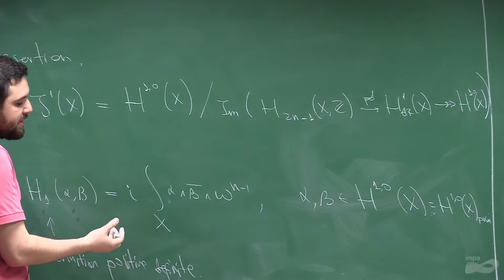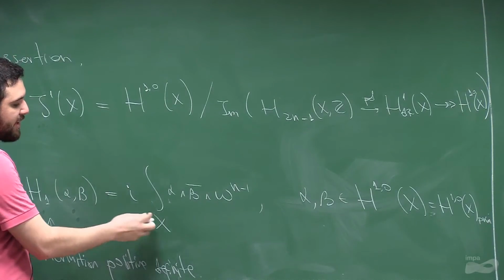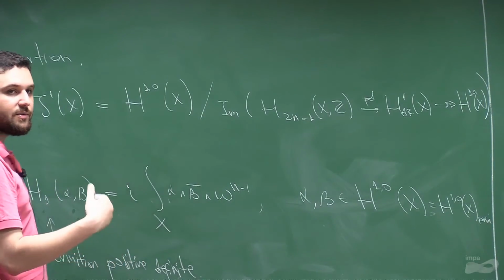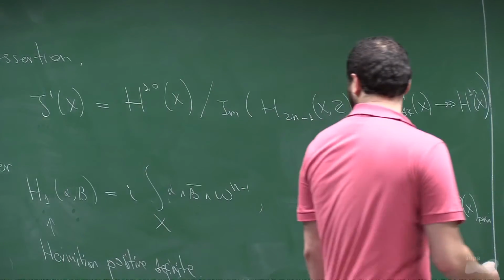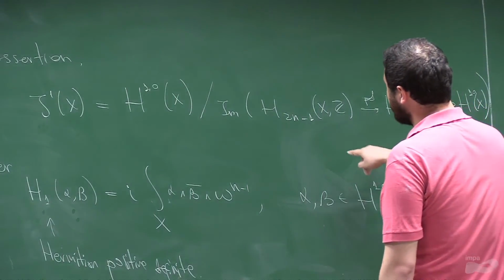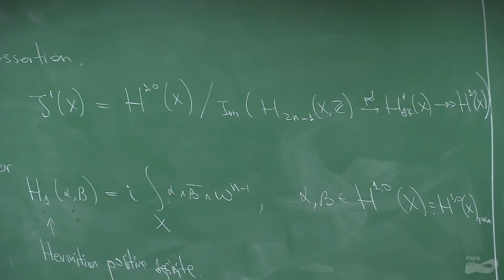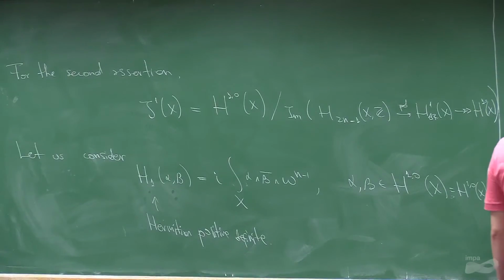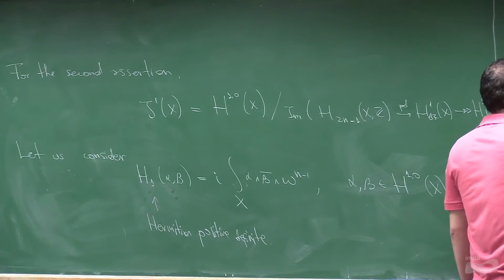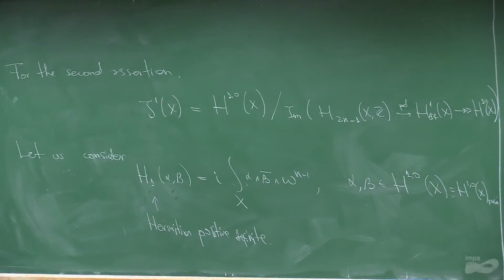And so we will just need to check that minus the real part of this is rational when we apply it to the elements of the lattice, right? So let this, the real part, be alpha wedge beta bar wedge omega to the n minus 1. Right, so this will be minus the associated 1-1 form. So we want to check that this is rational, right?